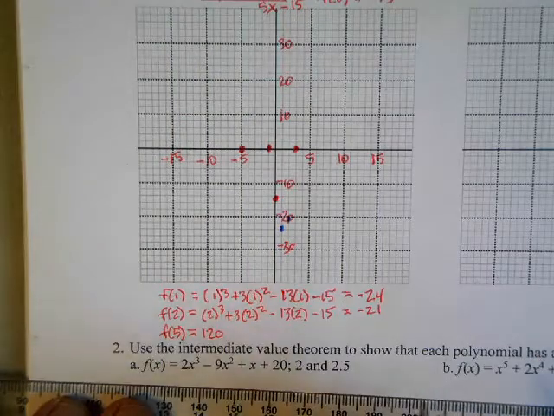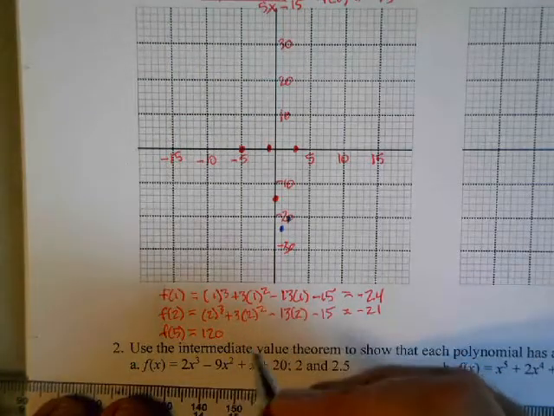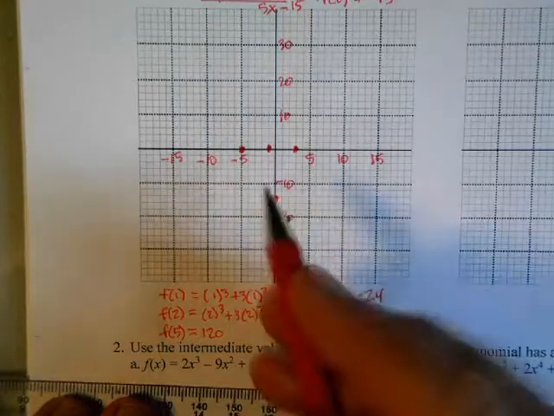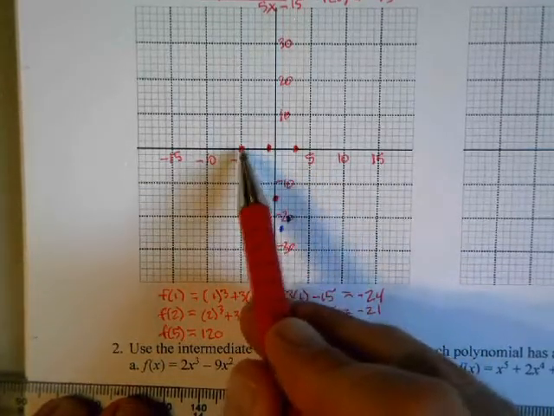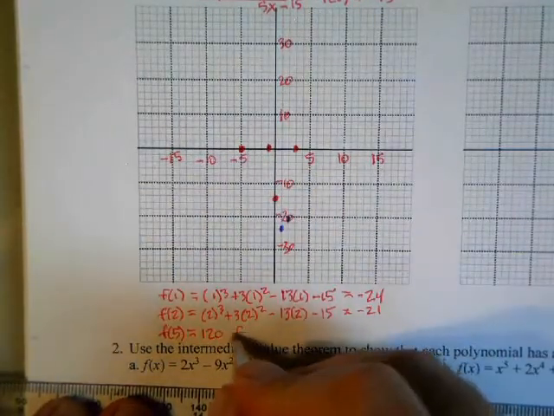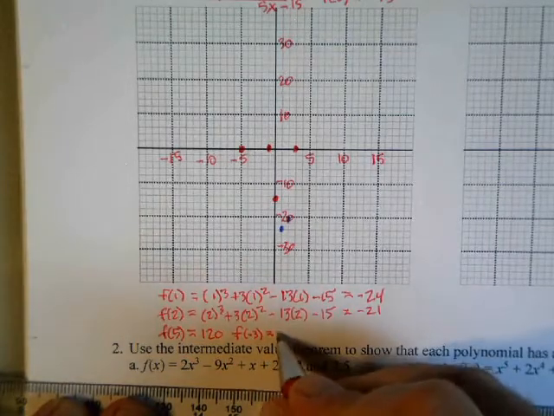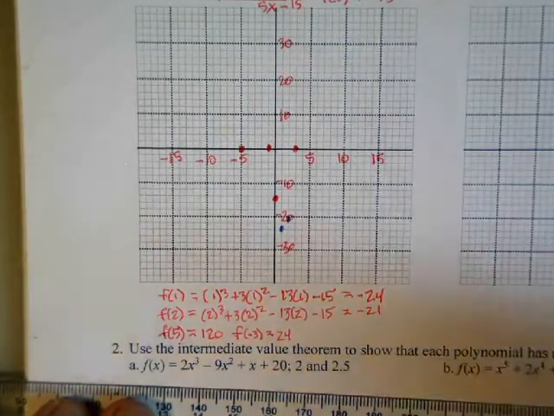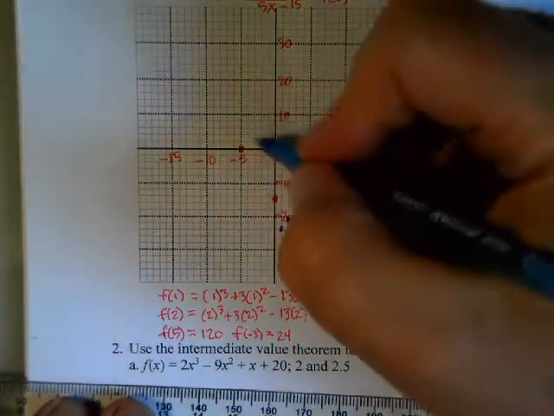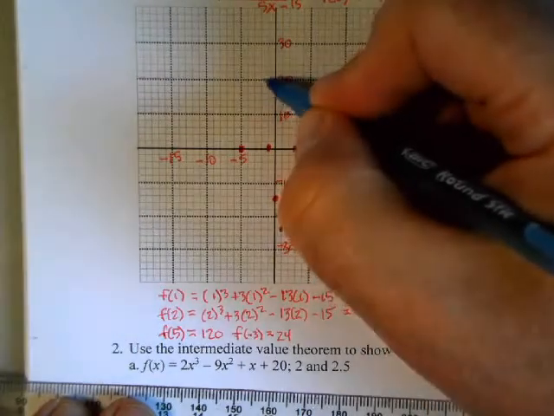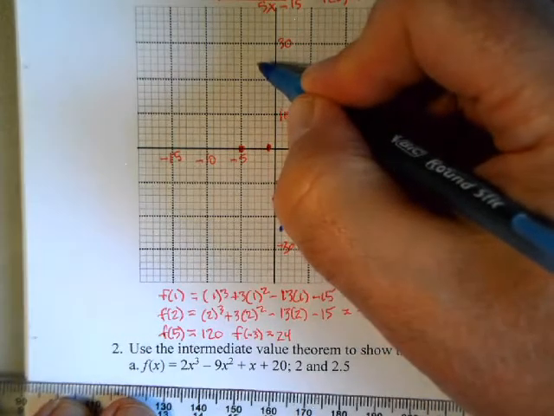Since this is -1 and this is -5, if I did f of -3, it turns out that is 24. So that would be 10, 20, 24. So let's see, we're doing f of -3.